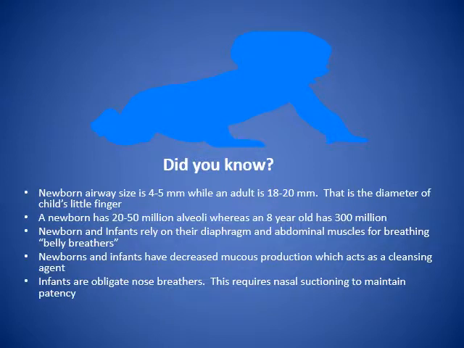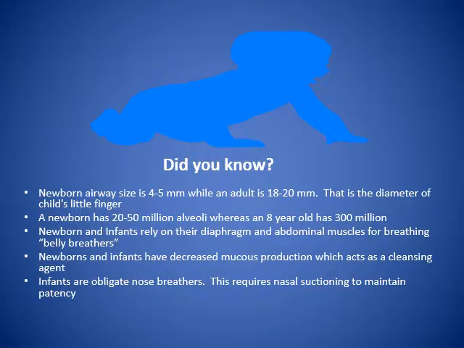A newborn, just to let you know, their airway size is about 4 to 5 millimeters, while an adult airway is 18 to 20 millimeters. That's a big difference. If you think about it, that's the diameter of a child's little finger. And a newborn also has 20 to 50 million alveoli, where an 8-year-old has 300 million.